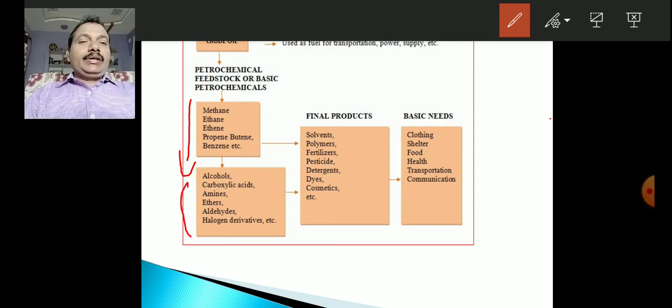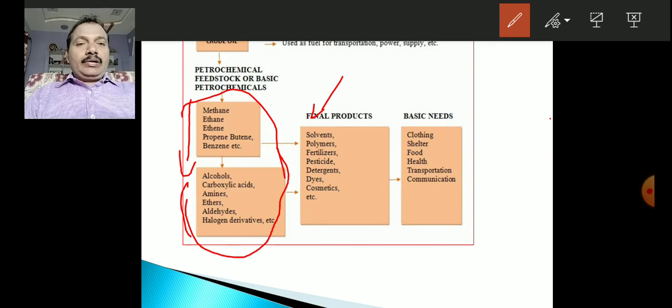These intermediate products are once again processed and fractioned into the final products. With the help of these intermediates, we manufacture the final products, that is solvents, polymers, fertilizers, pesticides, detergents, dyes, cosmetics, etc.